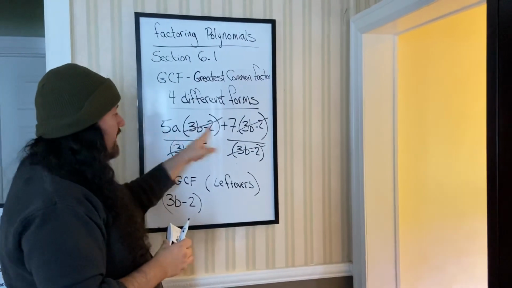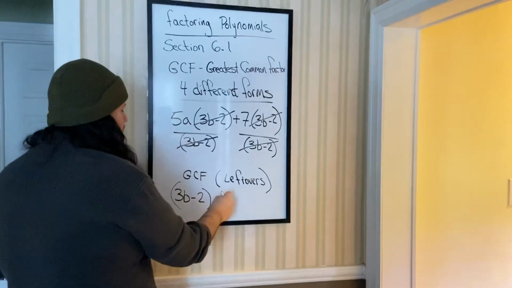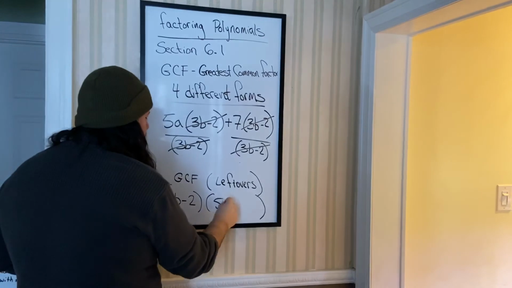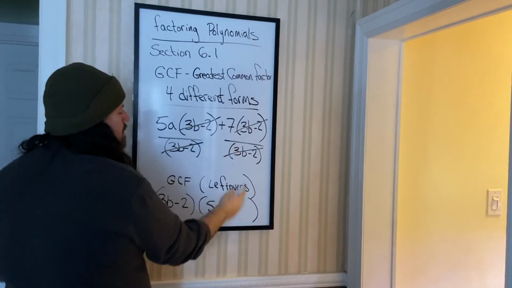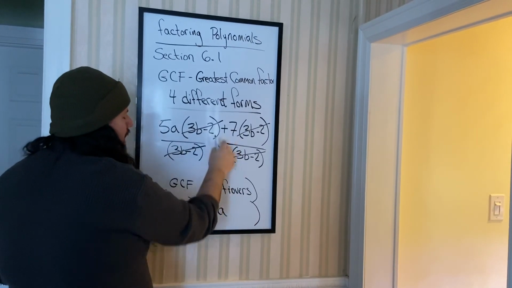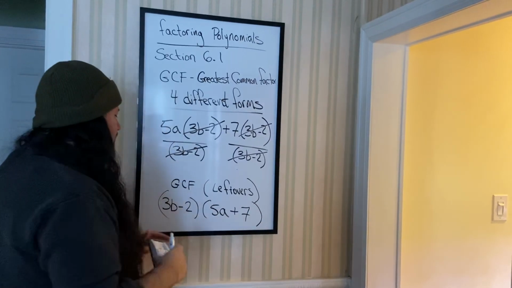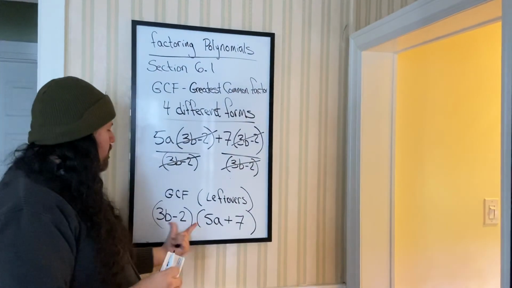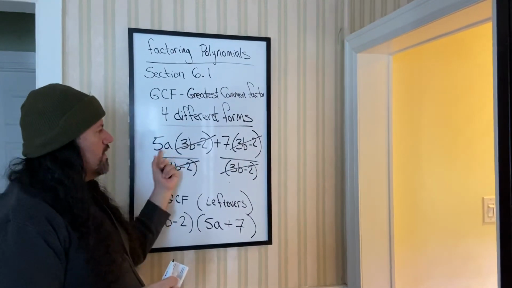The stuff that did not get canceled out, you're going to put as a set of parentheses. So the 5a, and notice this is a positive 7. Whatever sign this is, bring it down. Don't put it as a plain 7. If it has a positive sign, bring it over. Because if you look at this, this is a binomial times a binomial. If you multiply these two out, you would get the original problem here.